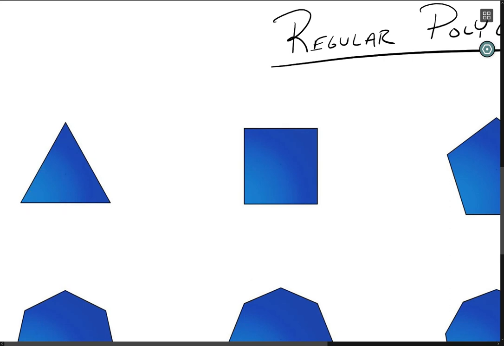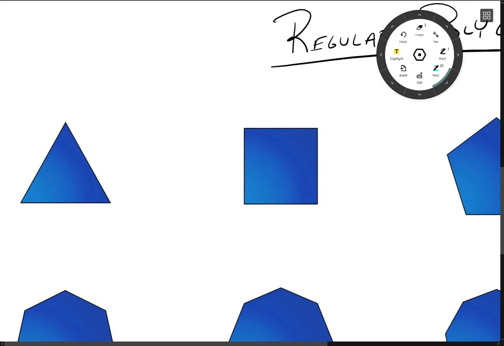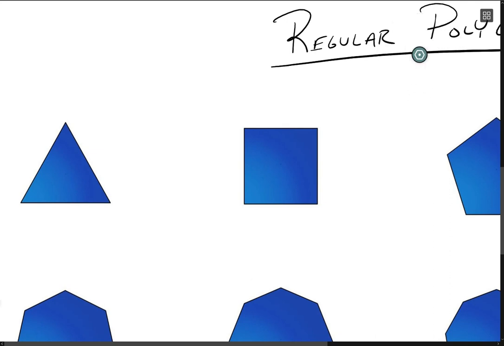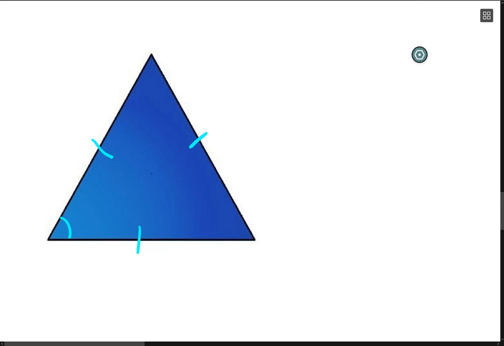Congruent is really the better word there. See that a little better? So for this regular three-sided figure, that's all true, correct? Any questions there?